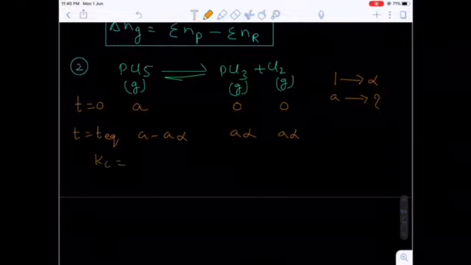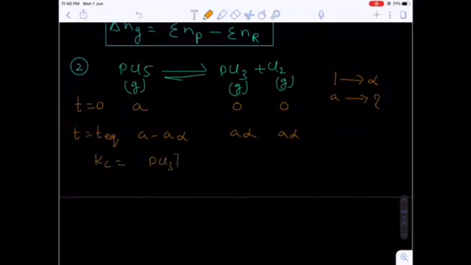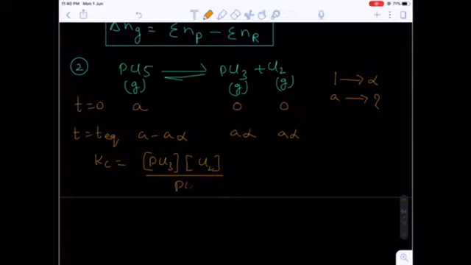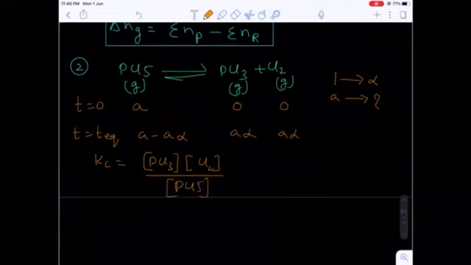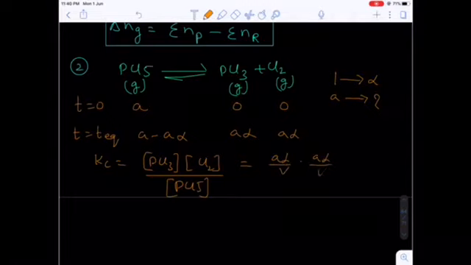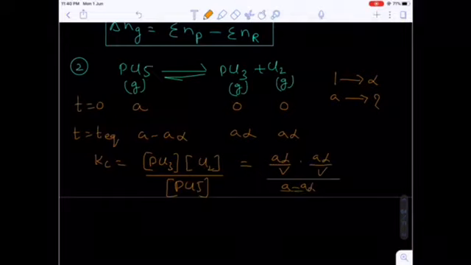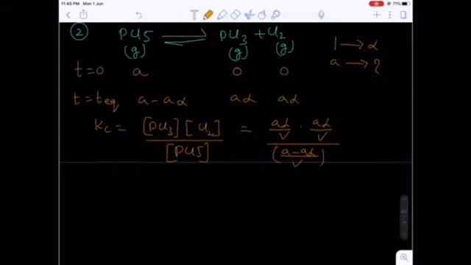Okay, now what is the Kc expression here? Directly I am writing the concentration of PCl3 into Cl2 whole divided by PCl5. Okay, the volume of the container, let's suppose V liters. So a alpha by V whole divided by a minus a alpha by V liter.